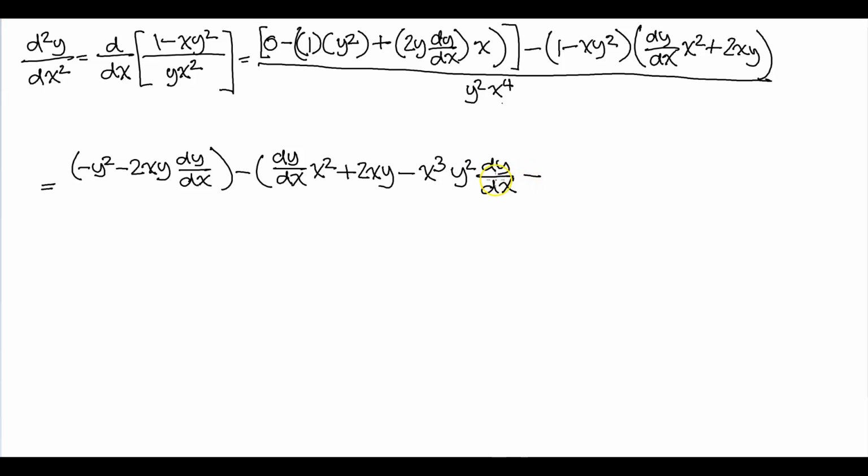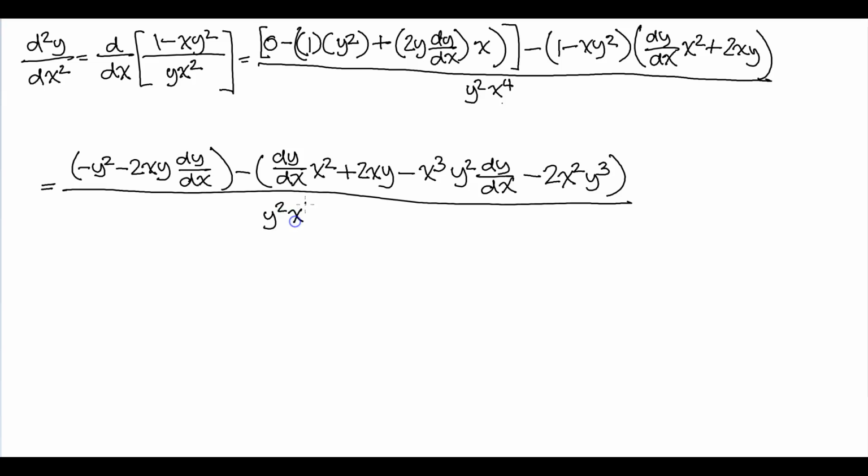So this gives 2x squared y cubed. Now this will be a gold mine for algebraers, so we have to be careful. Let me just check. Okay, it looks good, over y squared x to the fourth.